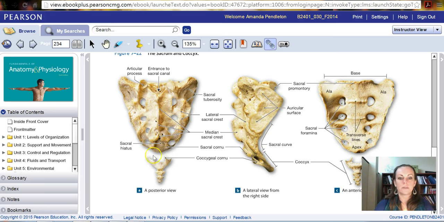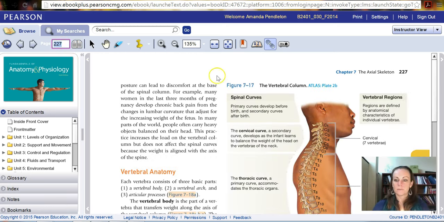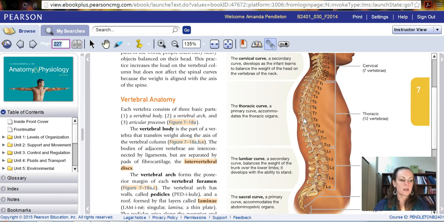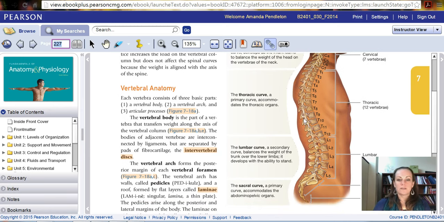Okay. Another thing to talk about is primary and secondary curvatures, and let me get to that. So a good place in your book for that will be page 227. Okay, and so this is where it tells you about your spinal curvatures, okay? So if it's a primary curvature, for example, the thoracic curve, so you notice it curves like this, you're born with that, okay?